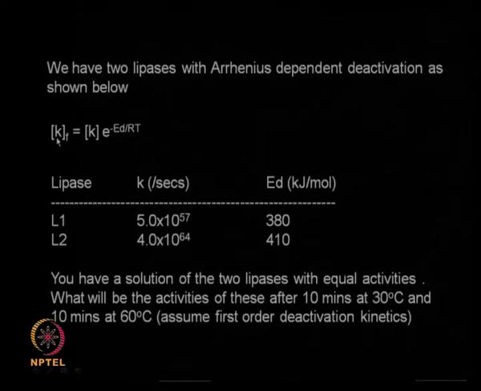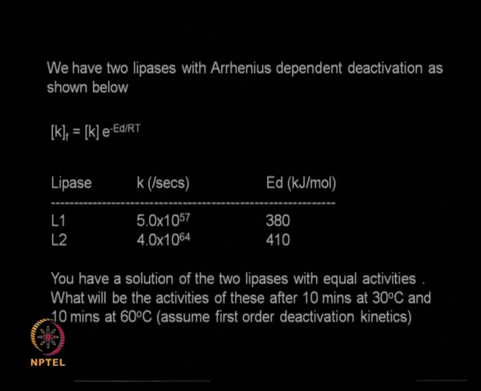Imagine I have 2 lipases, you know what lipases are used for, lipases are used for esterification reactions, trans-esterification and so on. So lipase is good for converting oil and fat into esters.